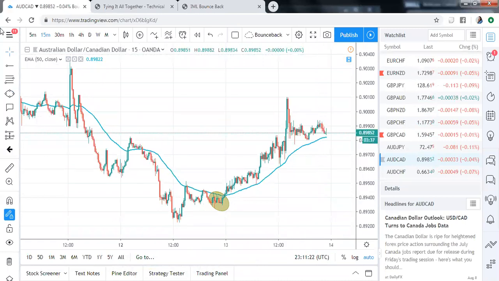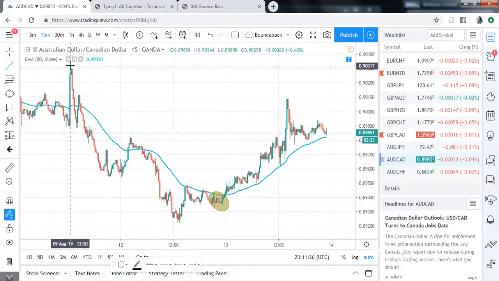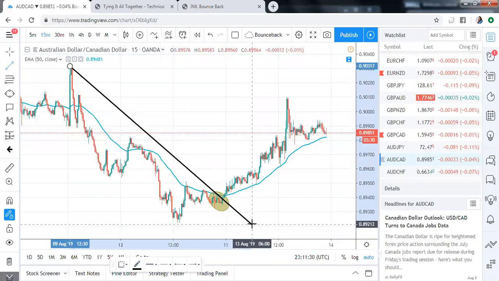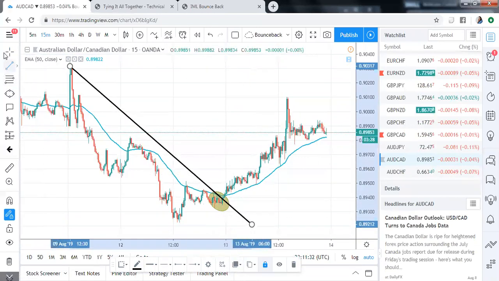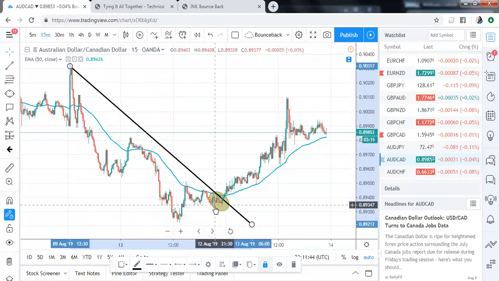So what I did yesterday was identify the downtrend. I brought it here because this is where the trade got called. You can see here the downtrend: we've got lower valleys and lower mountain tops.